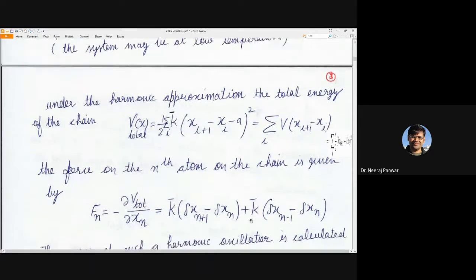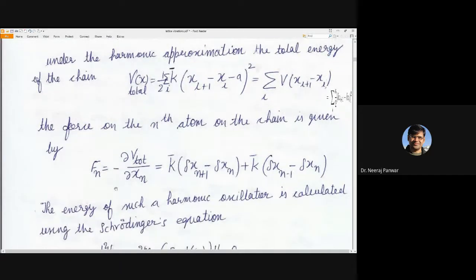So this is the force we are going to get. This will be a compressive or stretching force. Due to this, the atoms will start vibrating, and under the harmonic approximation they will execute simple harmonic motion.